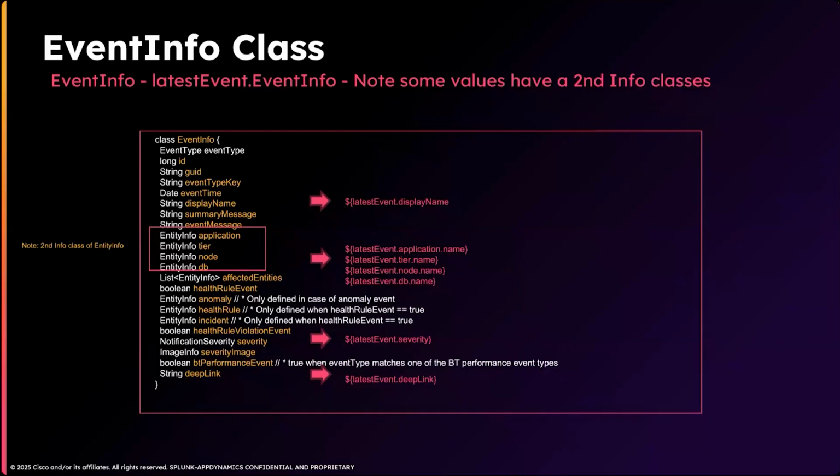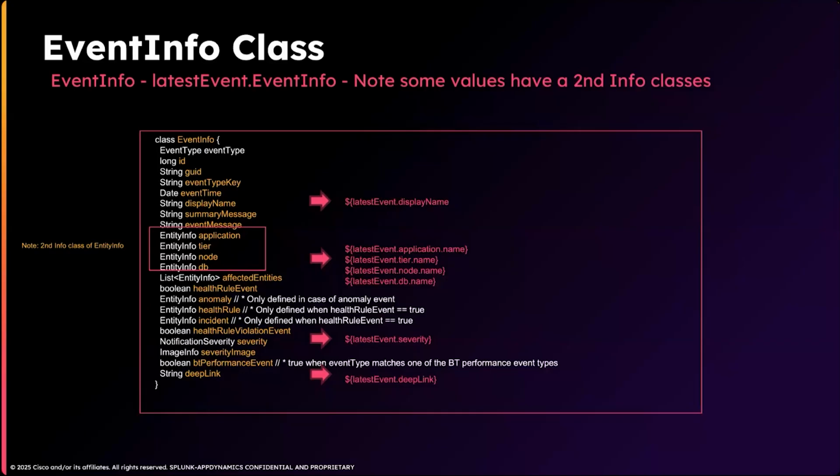If we go to the side where the examples are, we'll start with a simple one, which is displayName, latestEvent.displayName. Then if we go down to some of the more complicated examples, latestEvent.application.name, latestEvent.tier.name, latestEvent.node.name. There again, these are using two info classes.